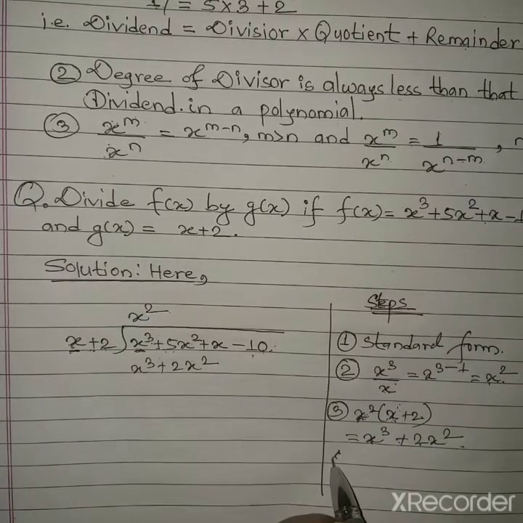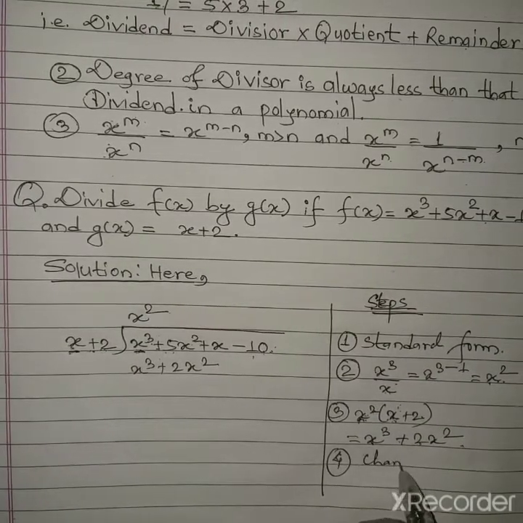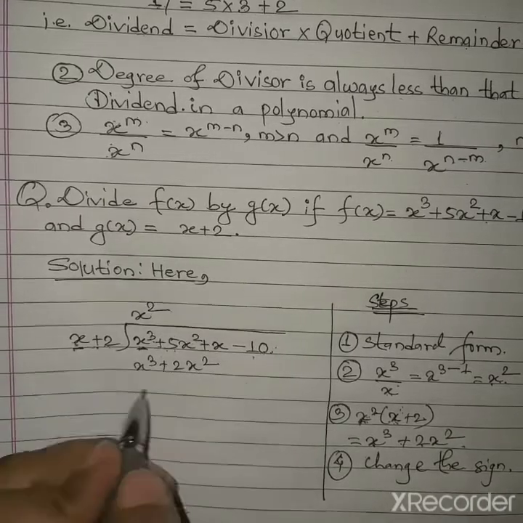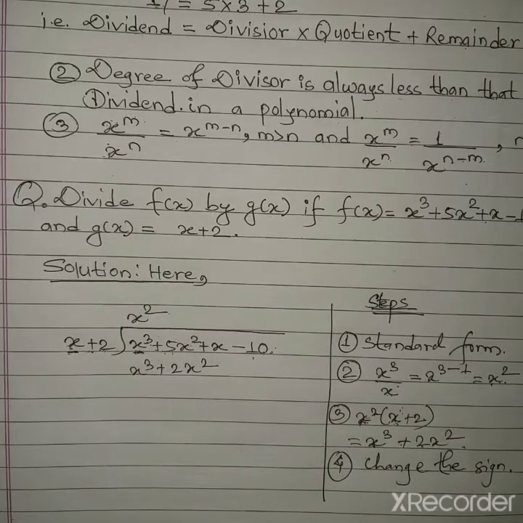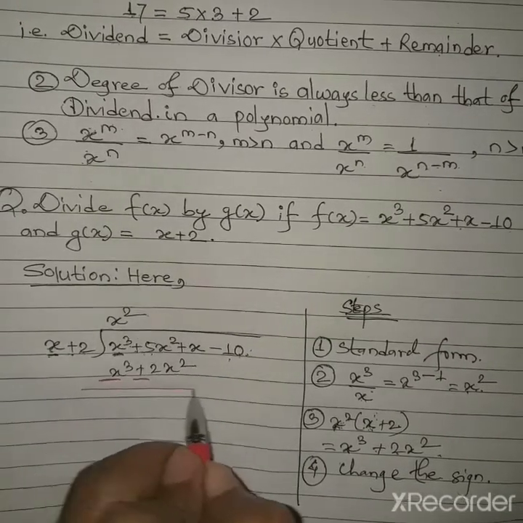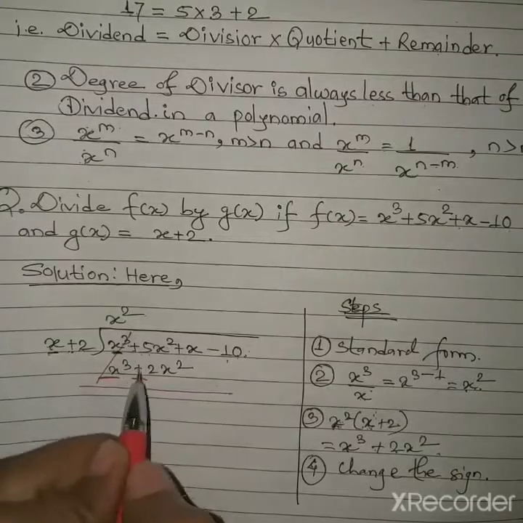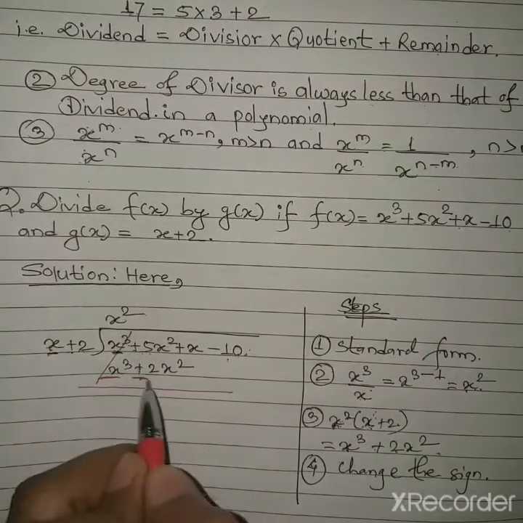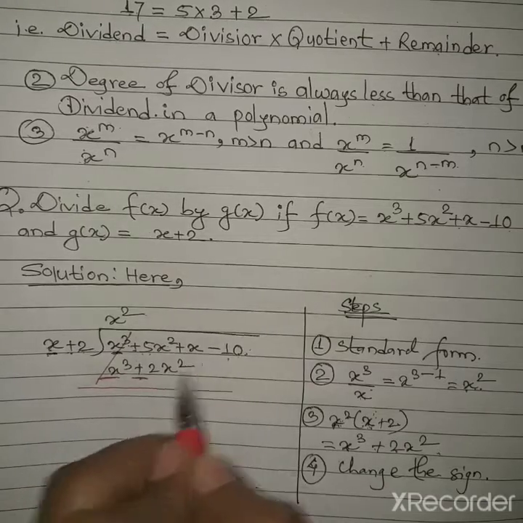Now in the fourth step, you change the sign. You have to change the sign of the terms, so you just cut it out. Now see this sign: don't use the positive sign, because we have changed the sign of 2x square to negative.